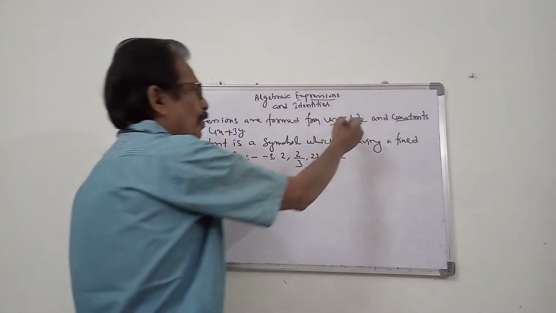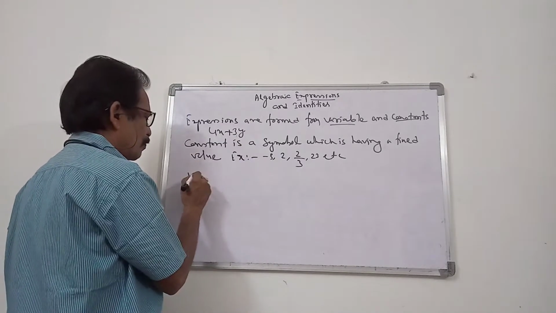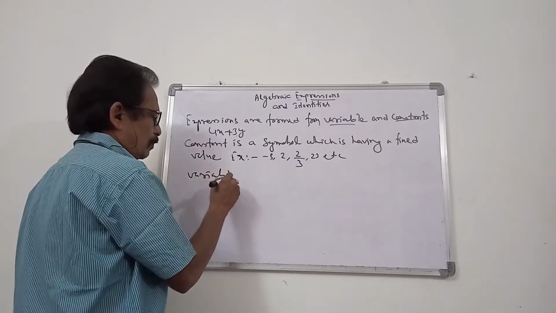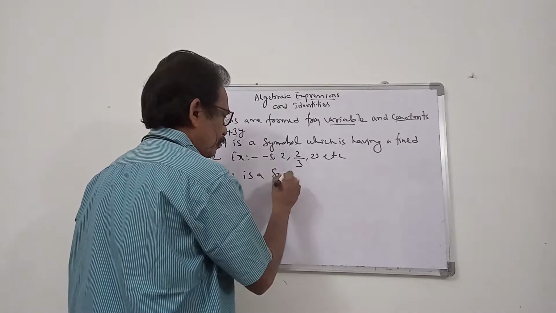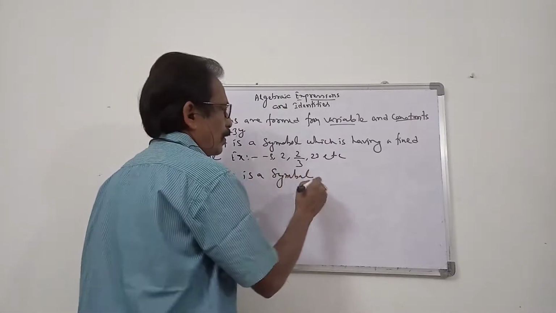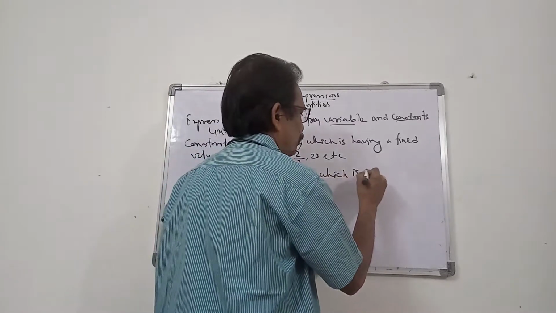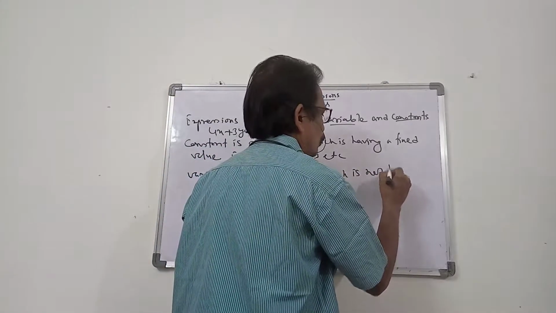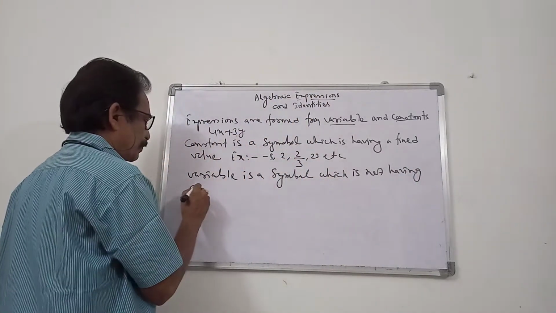Now come to variables. What is a variable? It is the opposite of a constant, which is very simple. A variable is a symbol which does not have any fixed value.